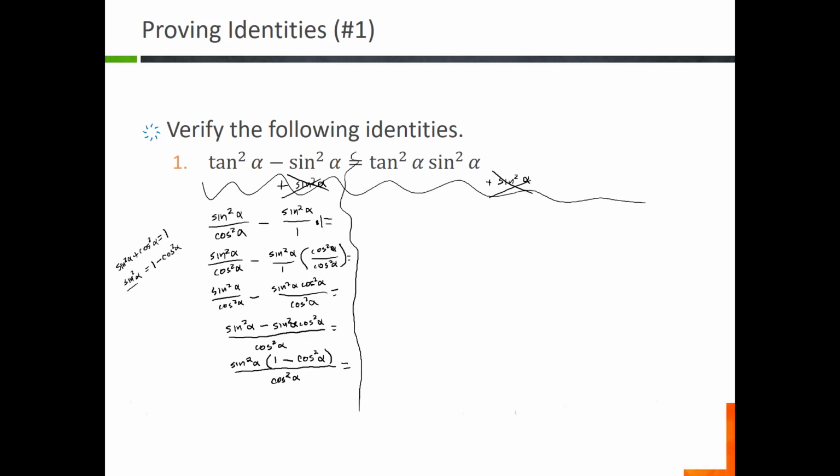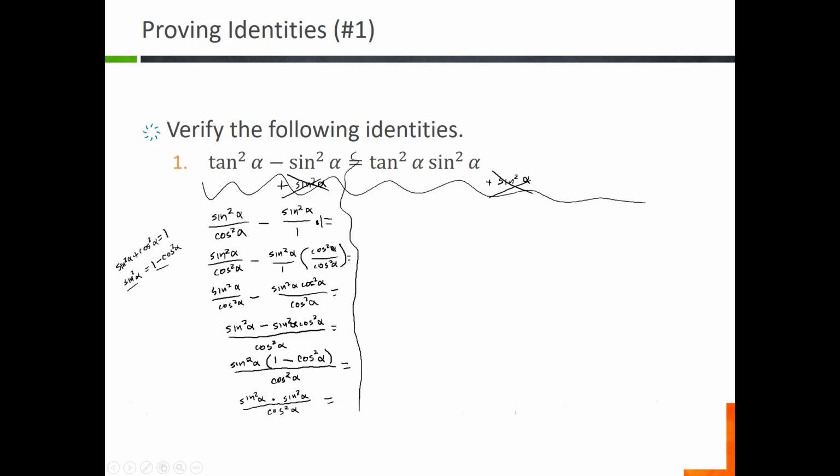So I'm going to replace that 1 minus cosine squared with a sine squared. That gives me sine squared alpha times another sine squared alpha all over cosine squared alpha.